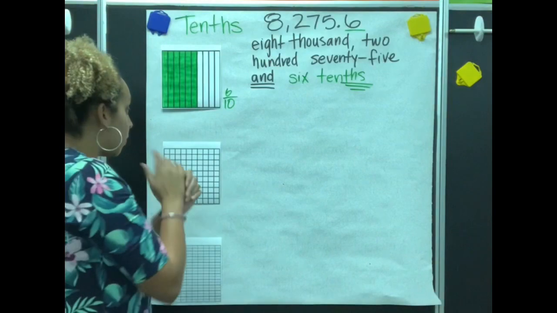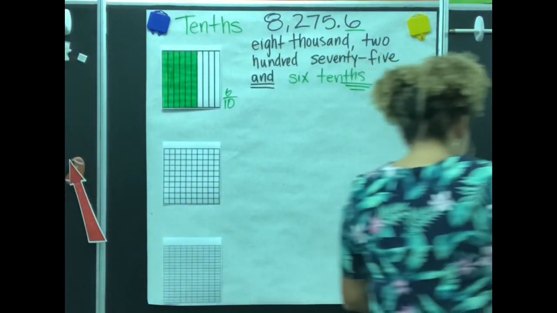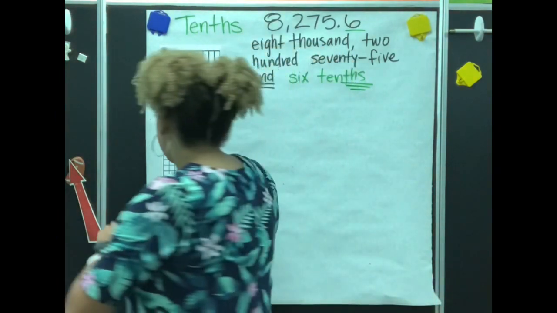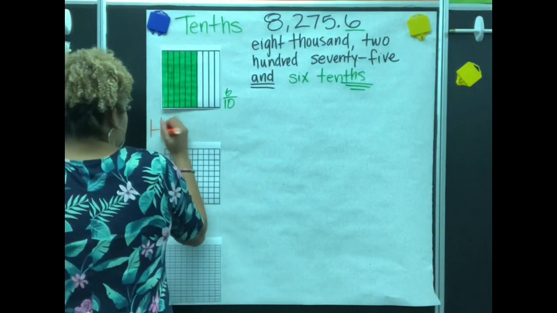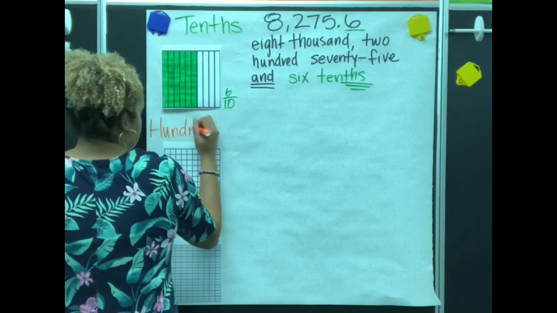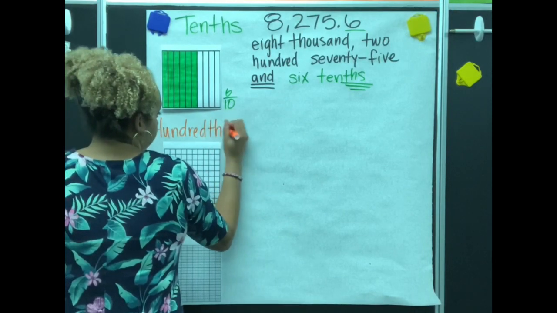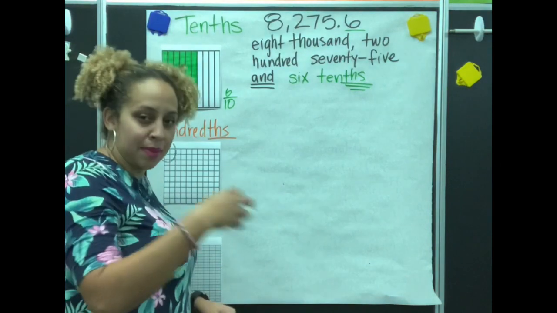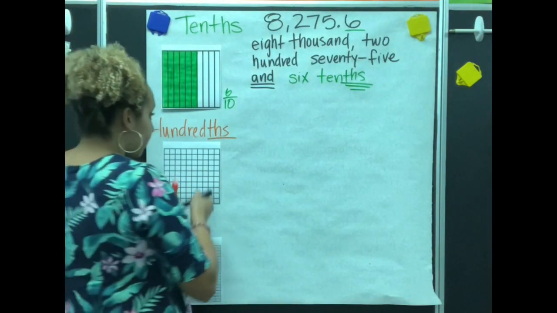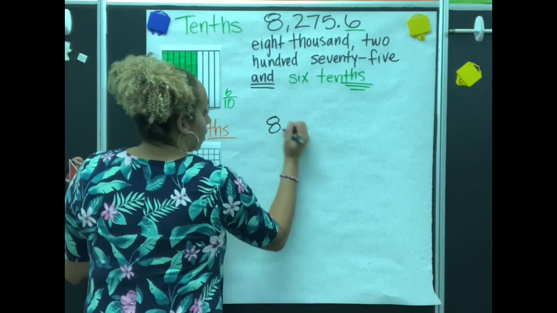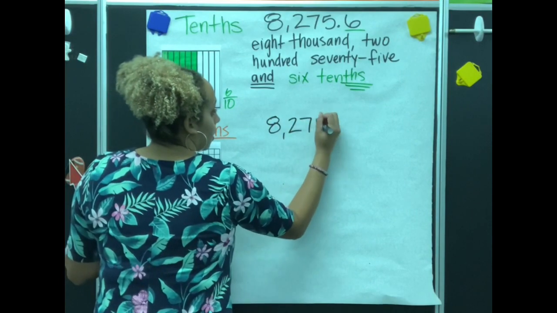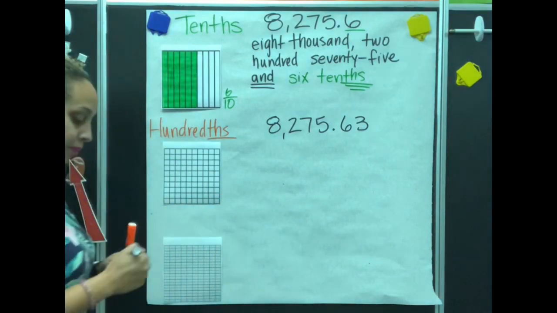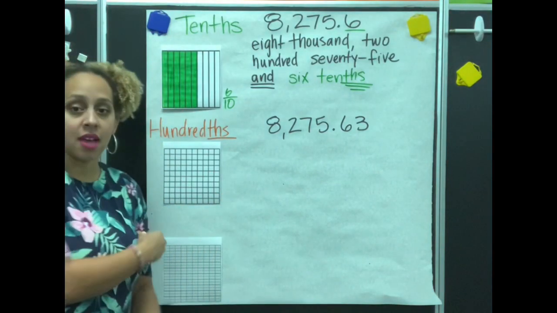Okay? Now we're going to move on to our hundredths. This is going to go on the top of the flap. Hundredths. We're going to use the same number, but we're just going to keep adding more behind the decimal. What does this number say?